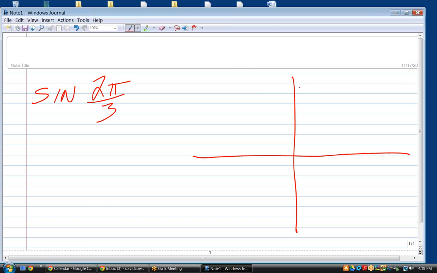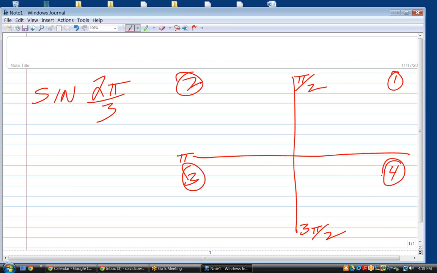Okay, so let's take the unit circle. This is pi over 2, this is pi, this is 3 pi over 2. This is quadrant 1, quadrant 2, quadrant 3, quadrant 4.